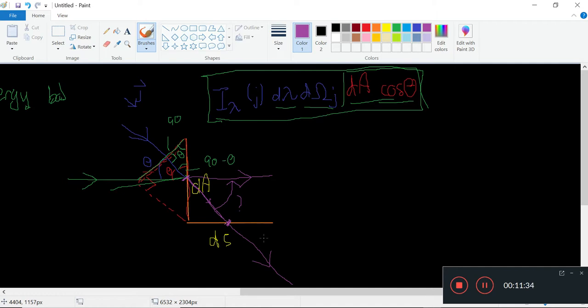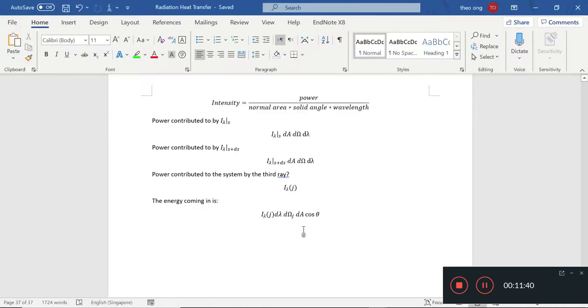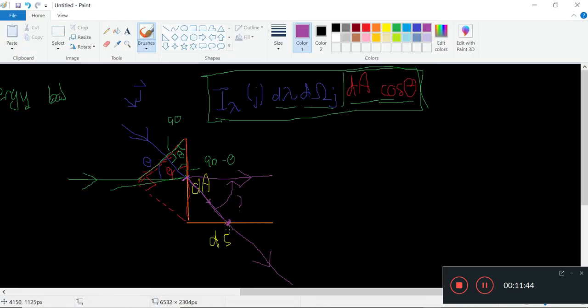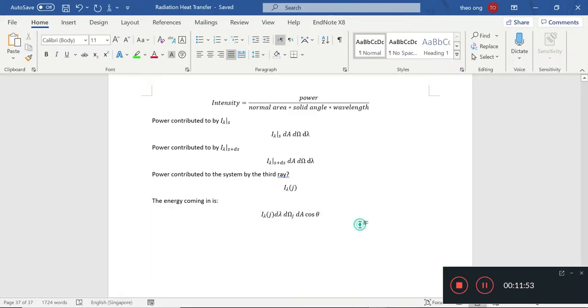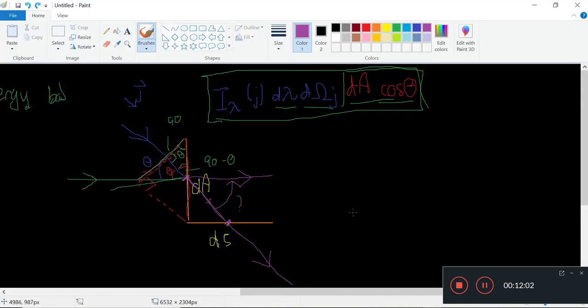So when you talk about scattering, how much energy is being scattered? And then how that will be subtracted from the amount leaving. So the amount that is scattered is what we are concerned with. Okay, so I'm going to leave this here.